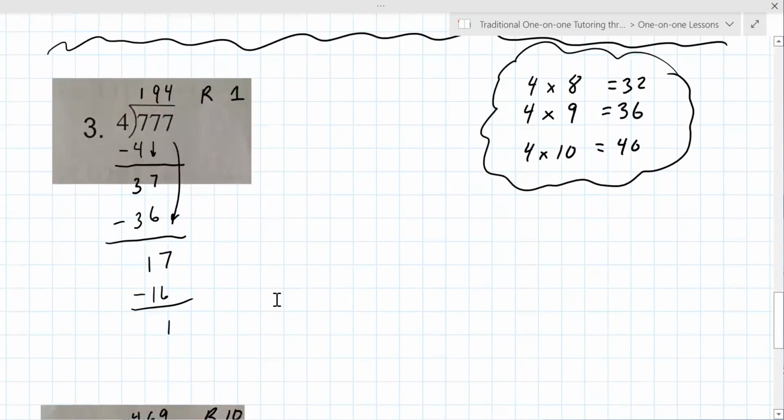I don't really know exactly what they mean, but you take this number, 194, multiply it by 4, and add the remainder. Is that what they mean?